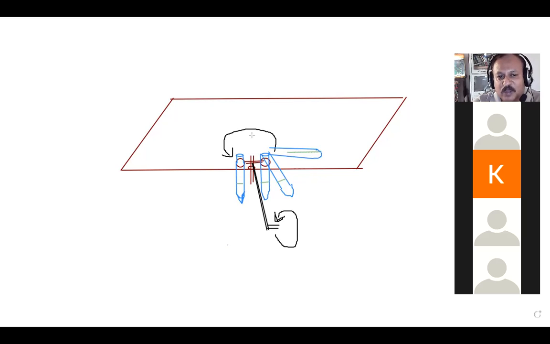And because of the centrifugal force, which is moving from the center to the periphery, the sample doesn't spill out. The sample doesn't come out of the tube, but it is pushed towards the bottom of the tube.